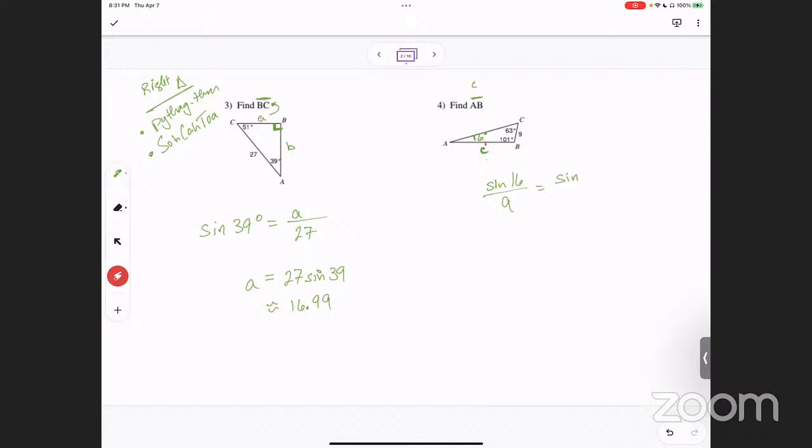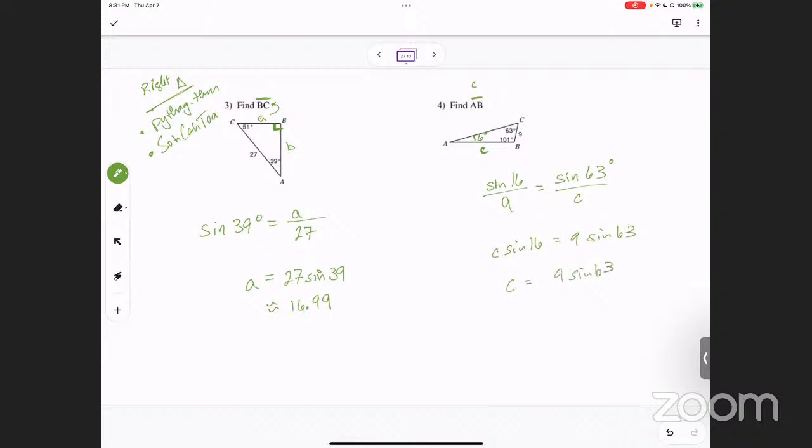C. So you need 63. If I'm trying to find C, you would use the angle across from it. So sine of 63 all over C, and now cross multiply. C times the sine of 16 equals 9 sine of 63, and now divide by the sine of 16.